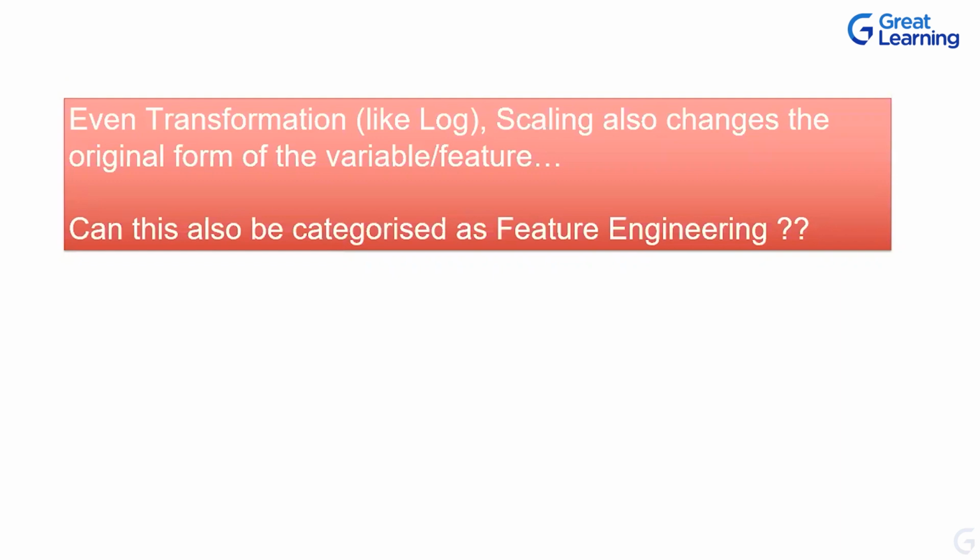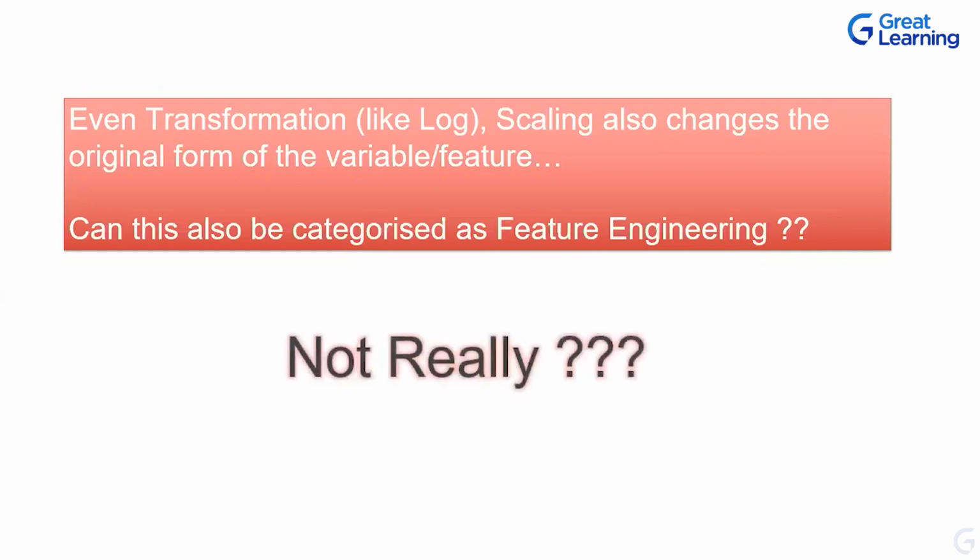Sometimes the feature is skewed, and we do a log transformation of the feature so that it becomes normally distributed. Now, can we categorize these kinds of changes as feature engineering? To my mind, not really.